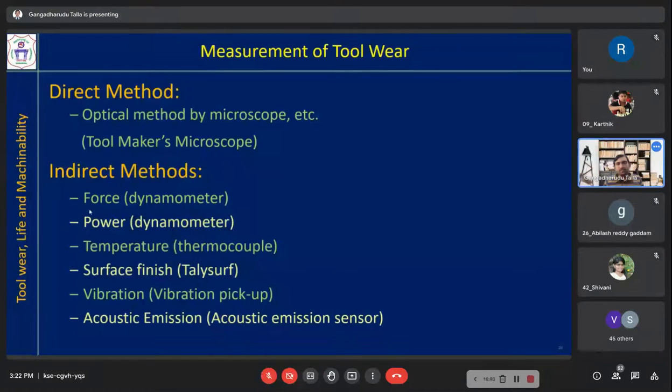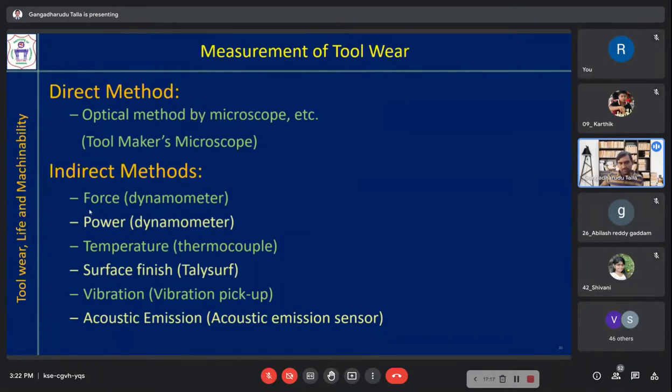Vibration. The tool is now suddenly vibrating, and some sound will also come if it is vibrating. Based on that, you can say that the tool has worn out. Acoustic emission, this is by sound. Suddenly there will be some abnormal sound coming from the machining zone or from the machine.